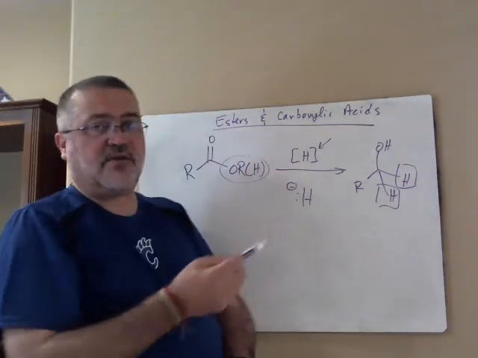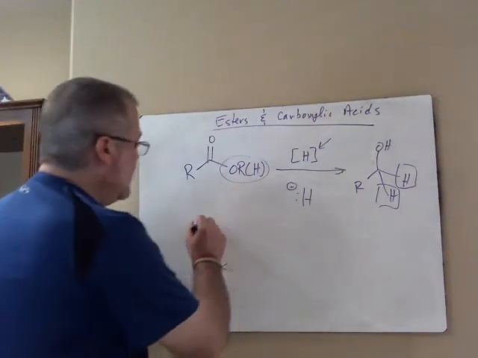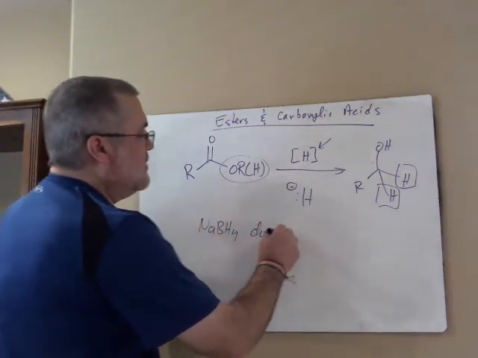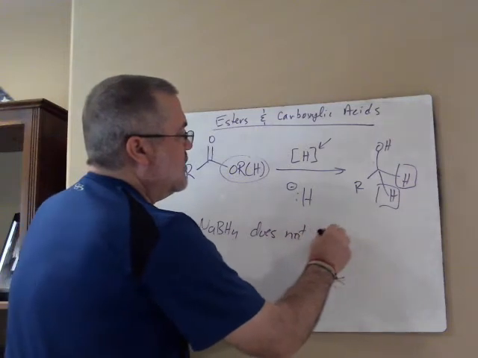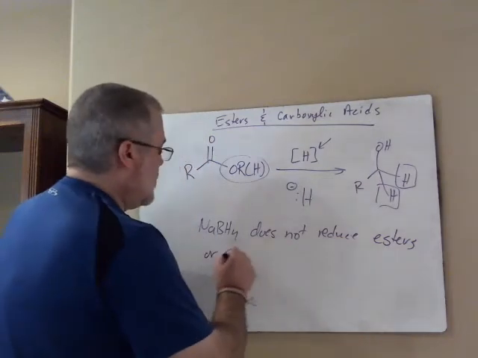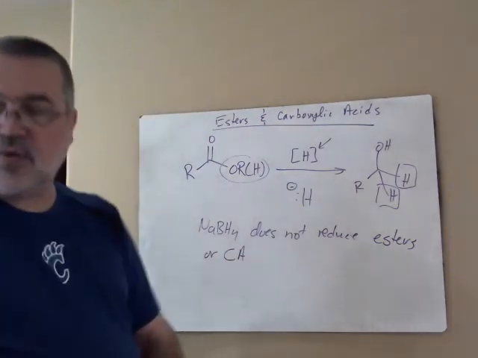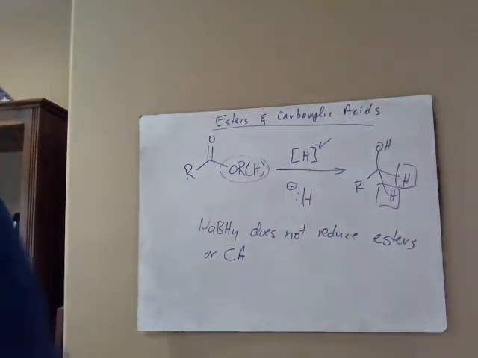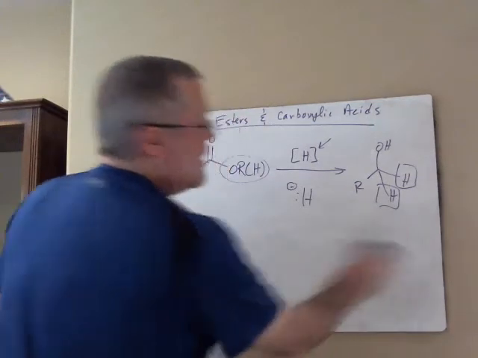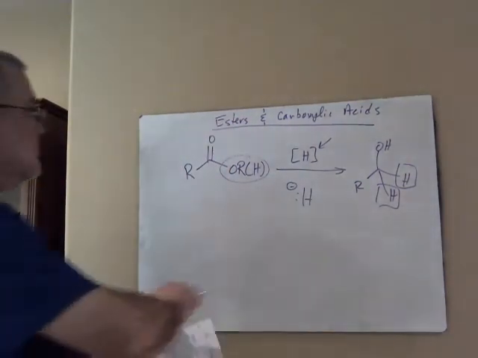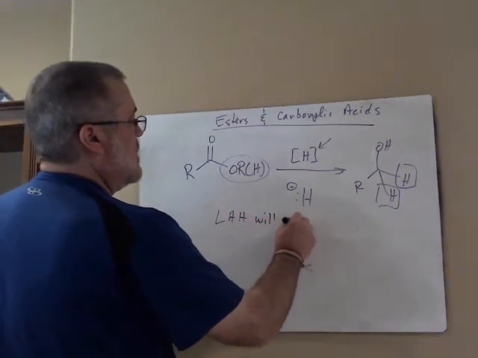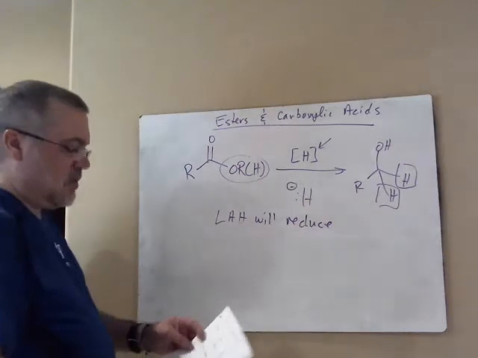Esters and carboxylic acids are different because sodium borohydride does not readily reduce esters or carboxylic acids. And so really the reducing agent that we use for that is LAH. So LAH will. So it is more reactive.